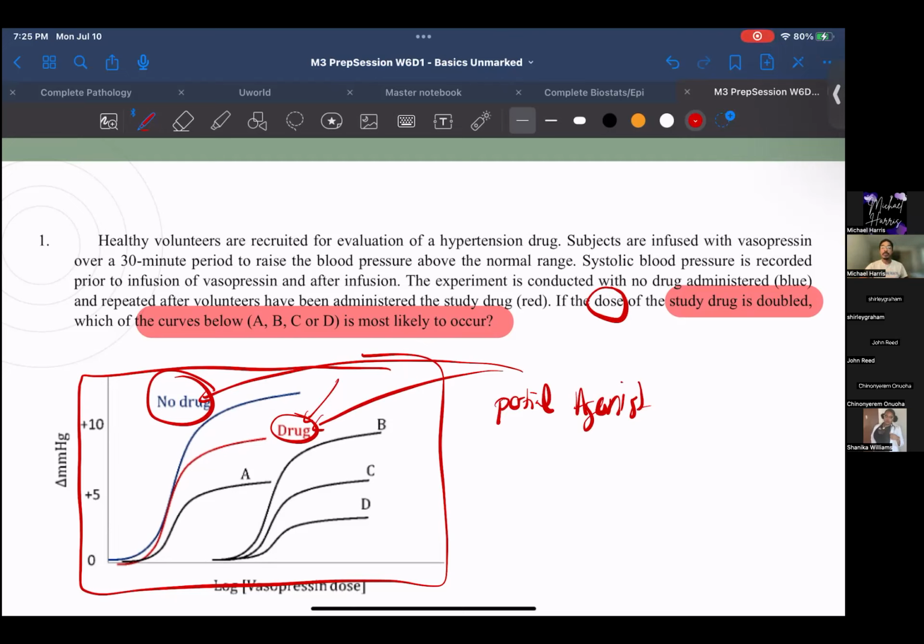So what's going to happen if you give more partial agonist? You're just going to block more receptors from the true agonist. So that means you're just going to have a lower efficacy. A. Does that make sense?